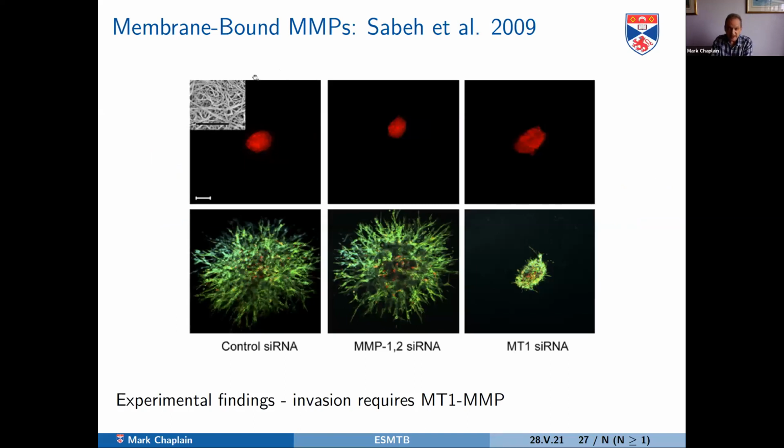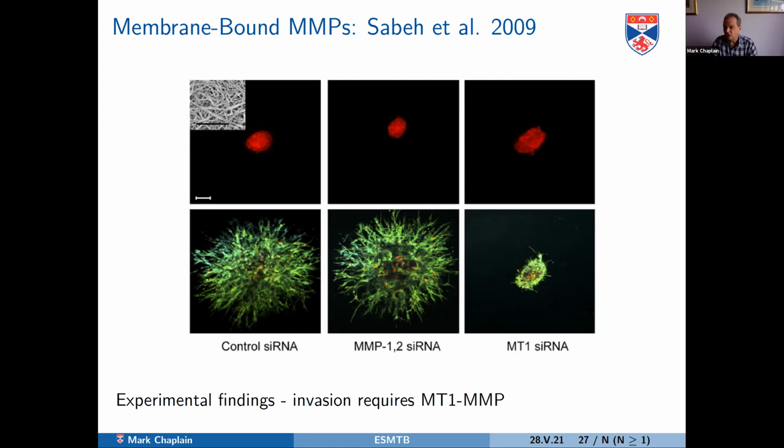On the left column here is the control experiment. So initially the cancer cells are embedded in the collagen gel, and then 3 days later you can see they've spread in a standard sort of invasion spread pattern. In the middle column is what happens when you knock out the diffusible MMPs, and there's almost no difference between this and the control experiment.